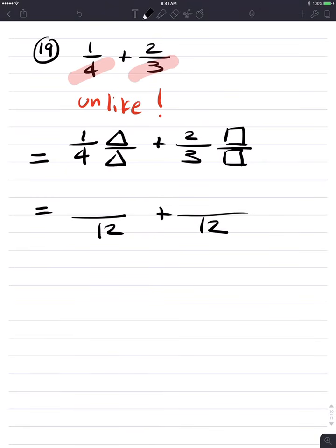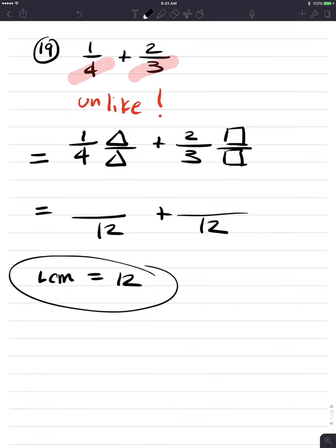Now, what we're going to have to do is determine the LCM of 4 and 3. Now, 4 and 3, the least common multiple is actually 12. So here, I want to point out that my LCM is the value 12.